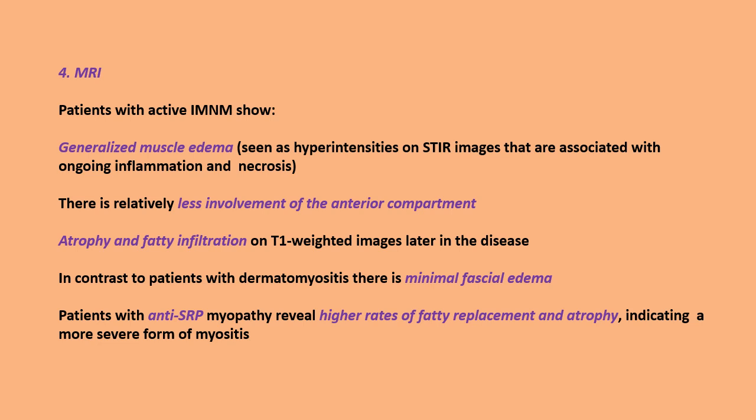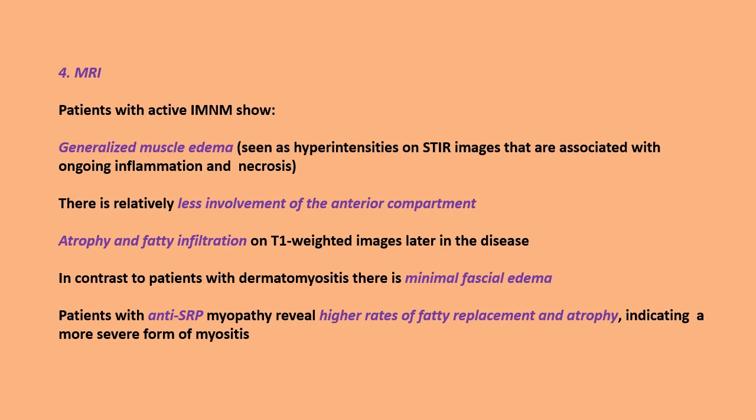MRI. Patients with IMNM show generalized muscle edema seen as hyperintensities on STIR images that are associated with ongoing inflammation and necrosis. There is relatively less involvement of the anterior compartment. Atrophy and fatty infiltration on T1 weighted images appear later in the disease. In contrast to patients with dermatomyositis, there is minimal fascial edema.